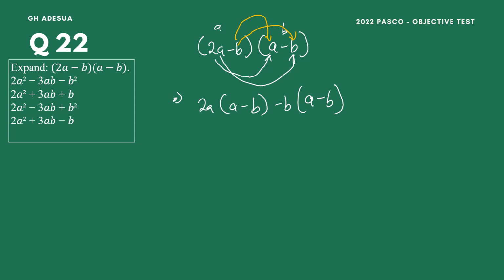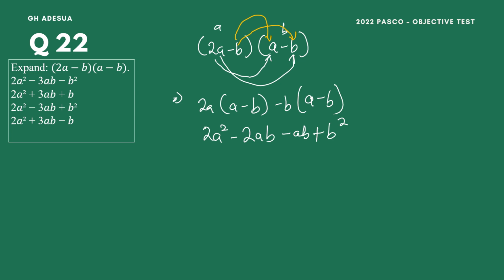So finally we have 2A times A, which is 2A squared, minus 2AB, that is the 2A times negative B. Negative B times A is going to give a negative AB, and negative B times negative B, negative times negative is positive, so plus B squared.